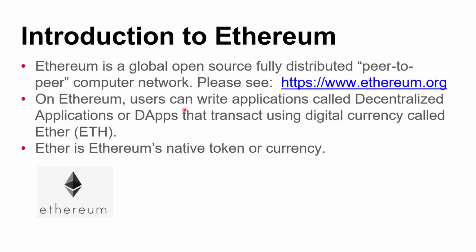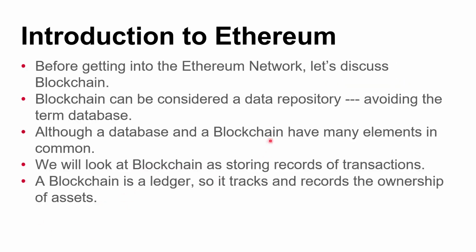Distributed applications are written for the Ethereum blockchain or the Ethereum network, and they run on Ethereum in a similar way to how typical standard applications run on the operating system of a computer. And Ethereum's native token or cryptocurrency is called Ether. And here is the Ethereum logo.